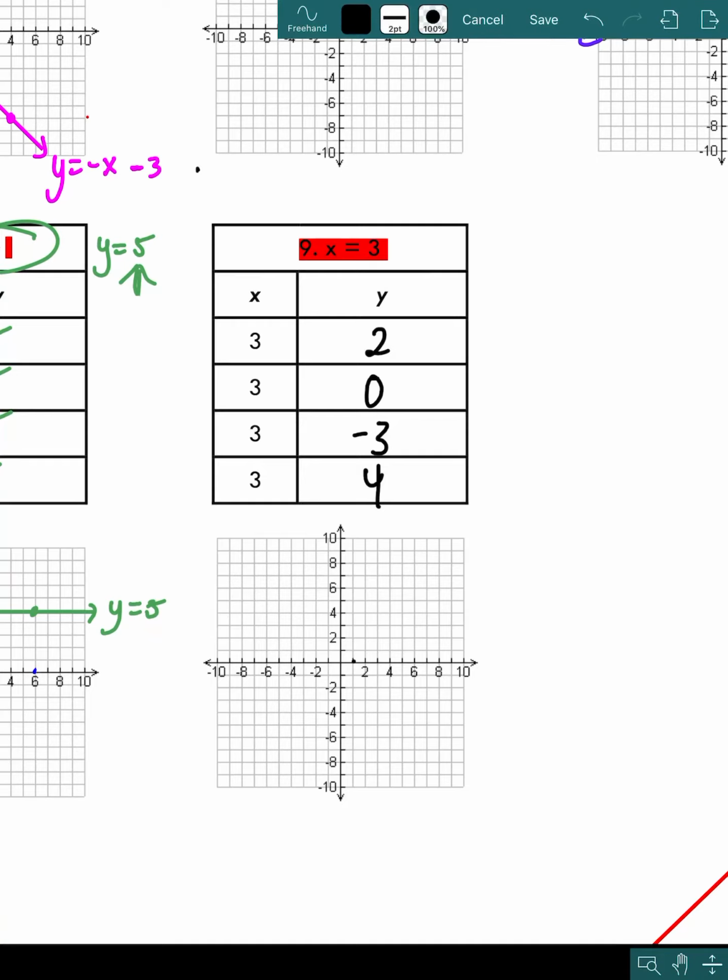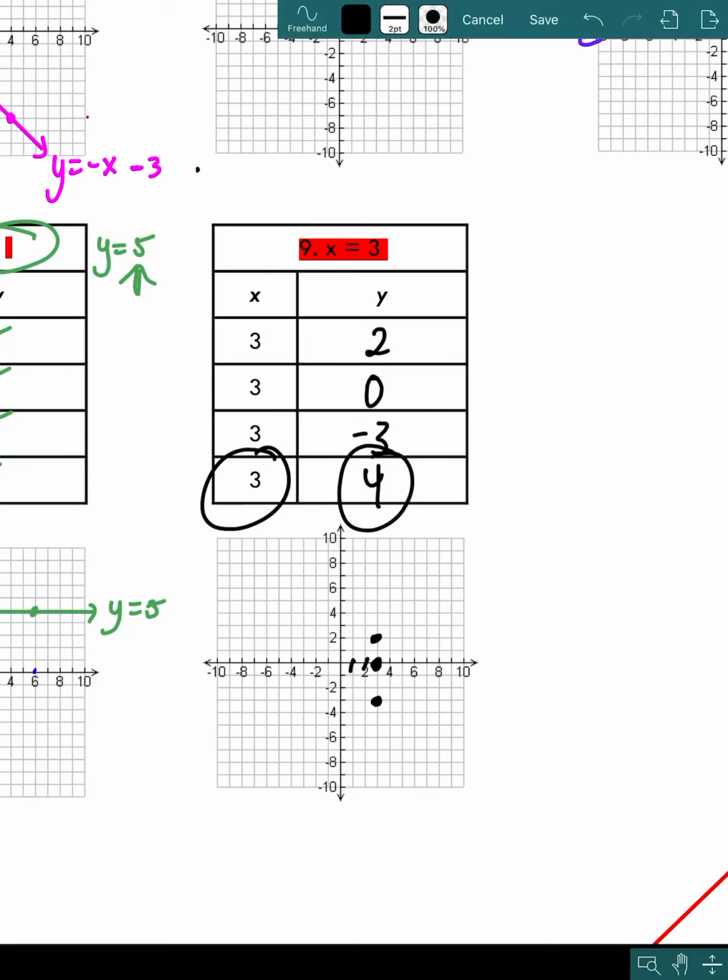So if x is 3, 1, 2, 3, y is 2. If x is 3, y is 0 in our example. If x is 3, y is negative 3. So we're going to go down 3. If x is 3, y is 4.